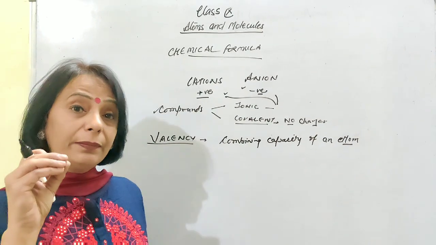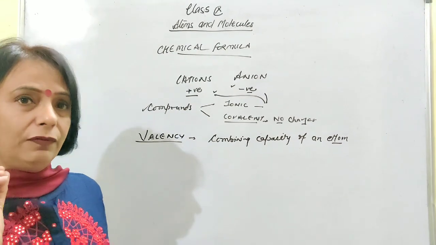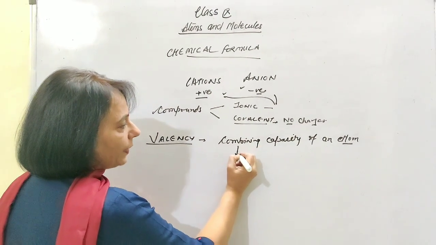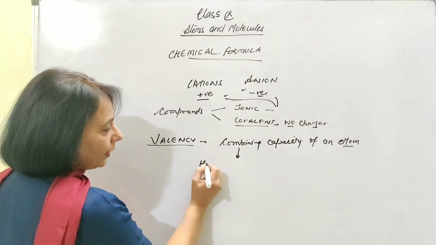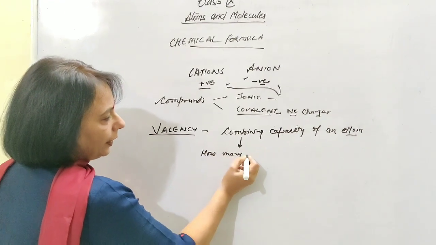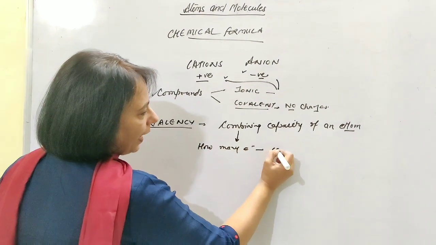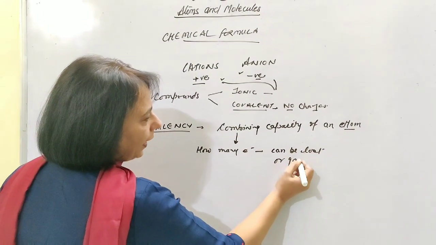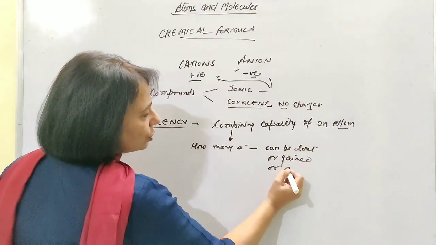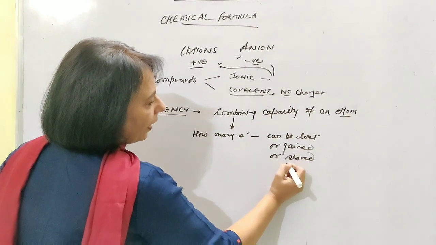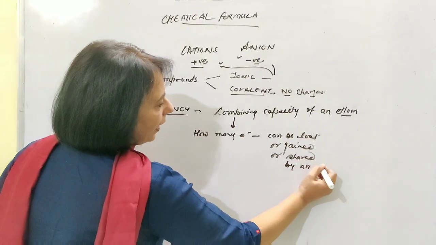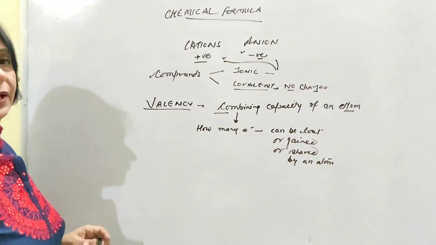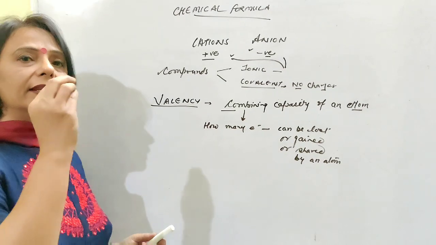But what is the literal meaning of this definition? Combining capacity means how many electrons can be lost or gained or shared by an atom. That is known as the combining capacity of that particular atom, or we can call that the valency of an atom.